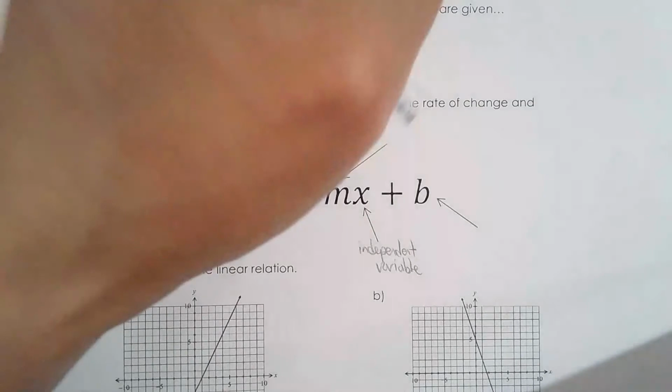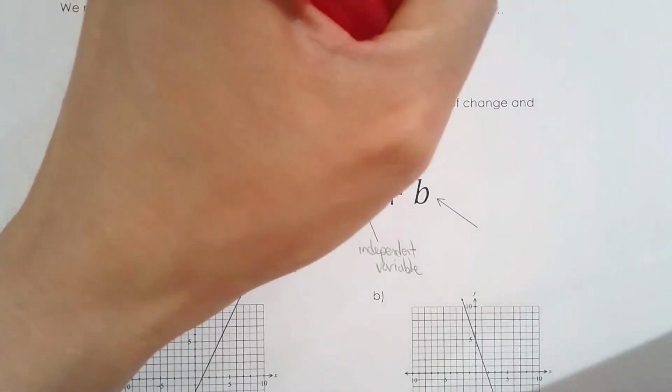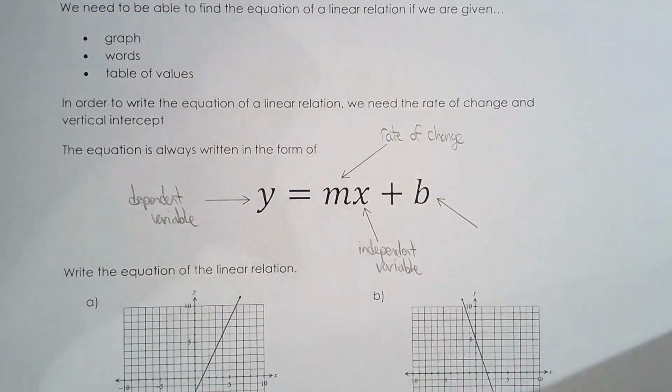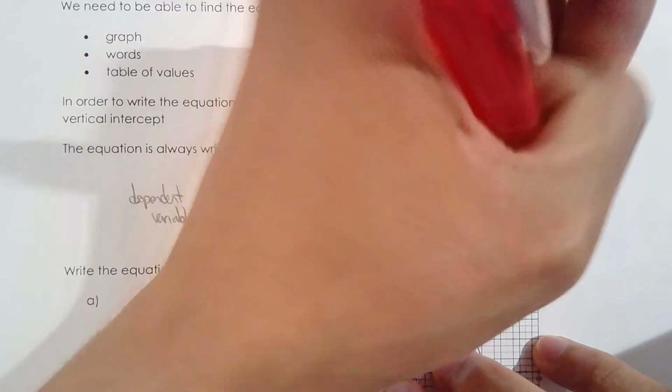So m is our rate of change. Okay? And remember, rate of change can be found by finding the rise and finding the run and dividing them. So rate of change is rise over run. And what about b? B is our vertical intercept.